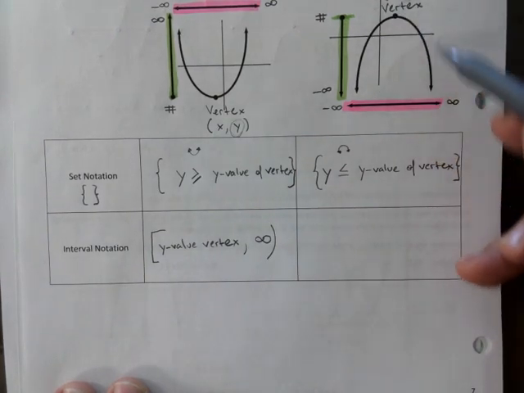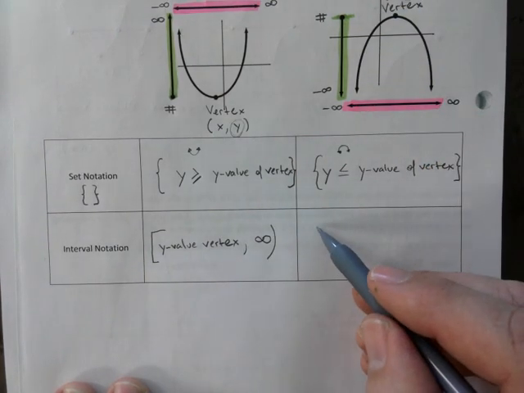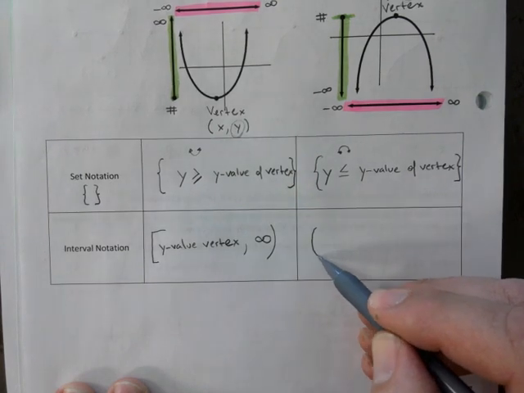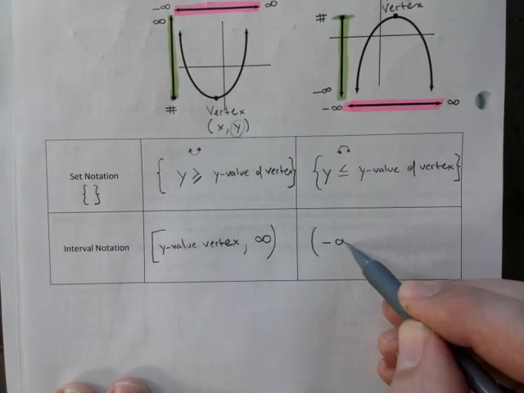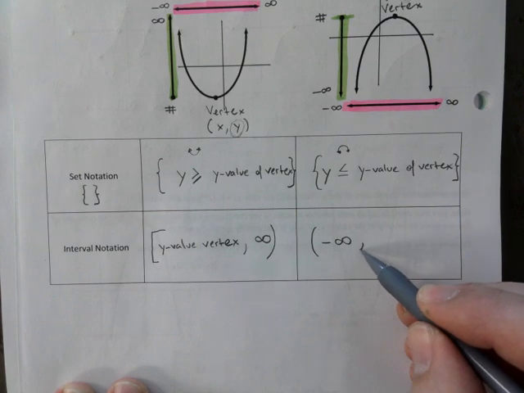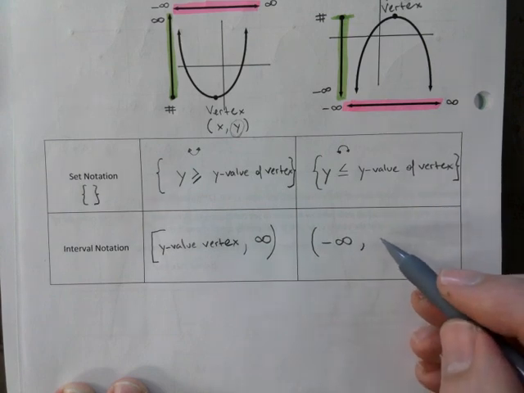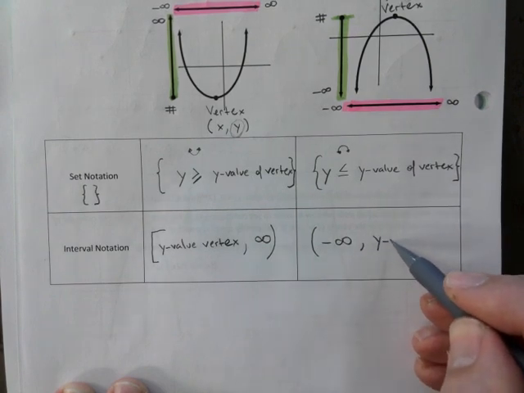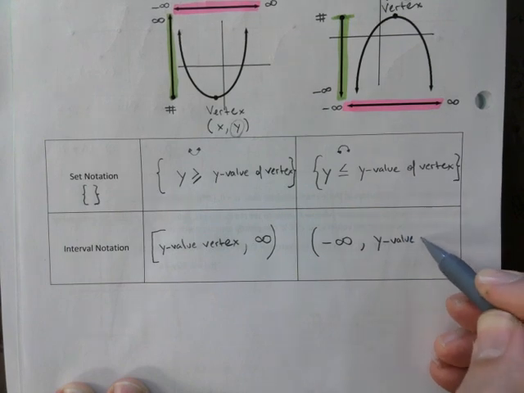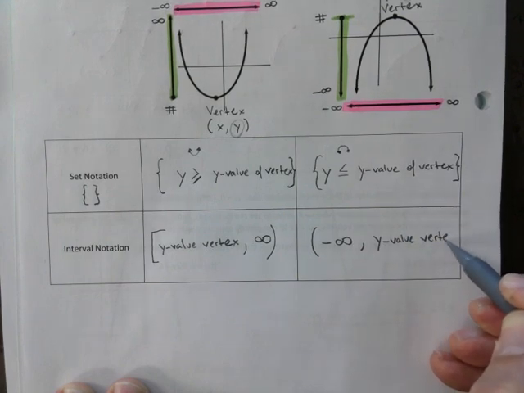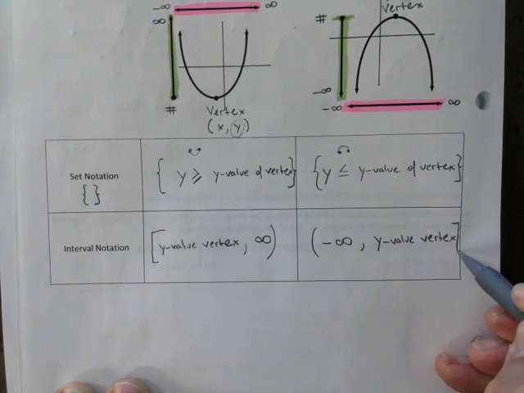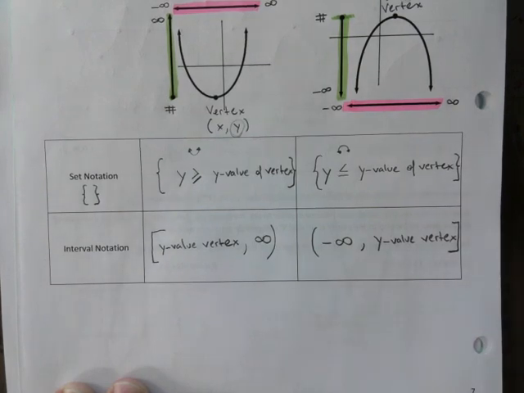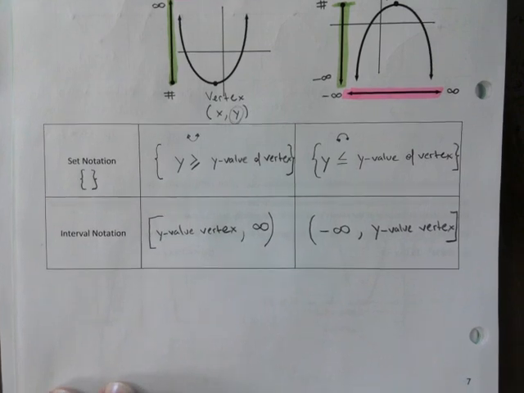On the other hand, if it's pointing down, you're going to go from negative infinity all the way to the highest number, which is going to be the y value of the vertex. I hope this rings a bit of a bell. Infinity cannot have a square bracket.